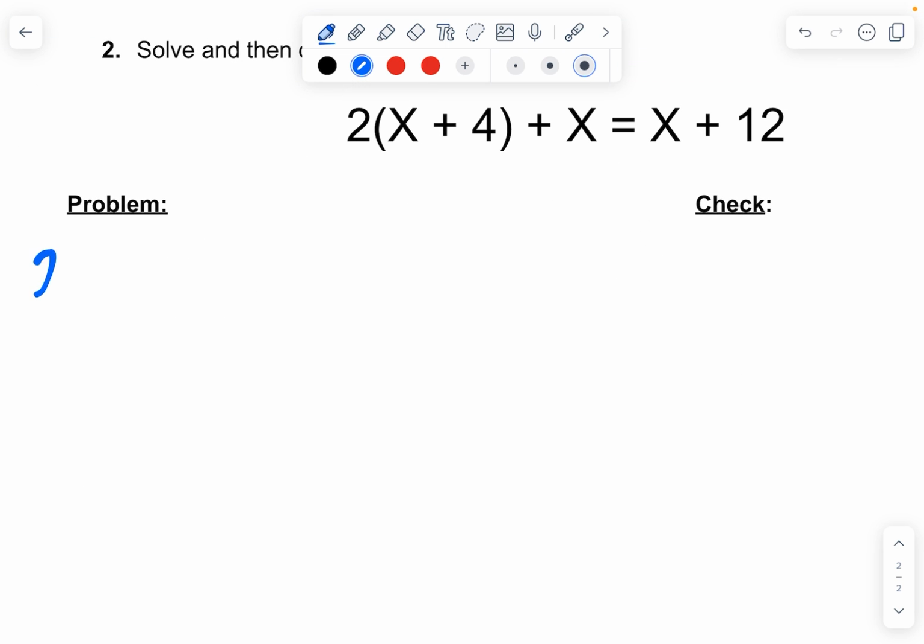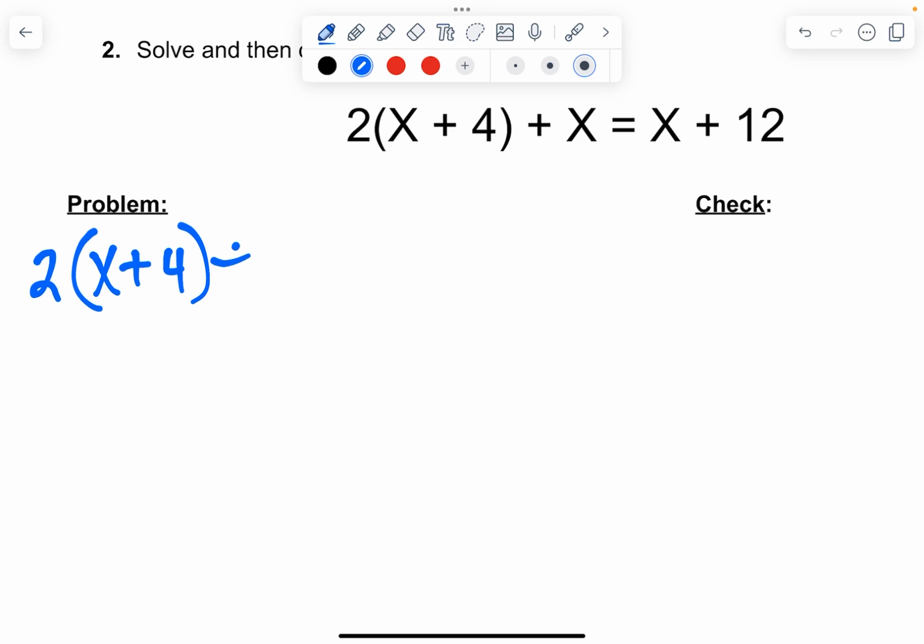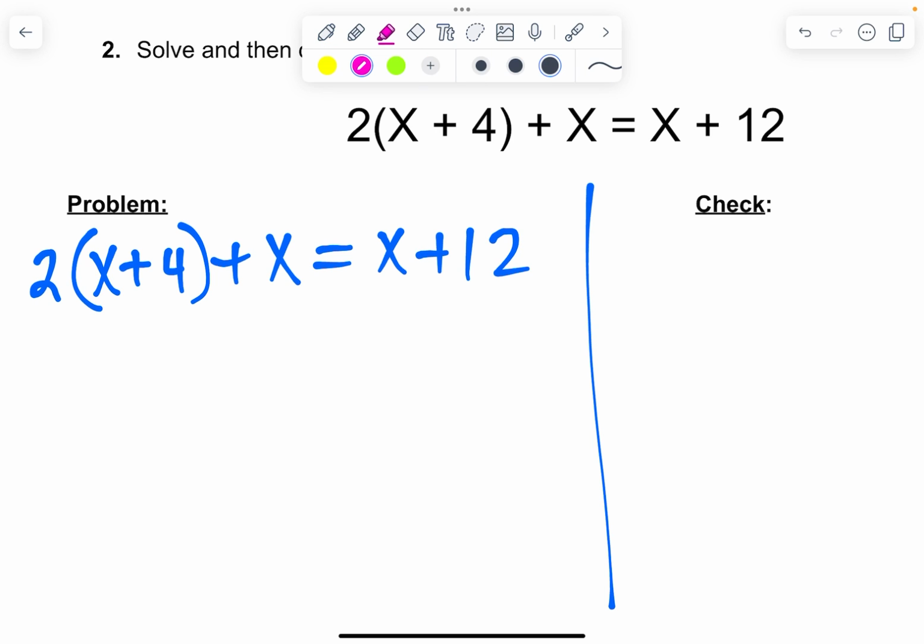Again, I'm going to write down the original problem. The 2 out in front means there are 2 packages of what's inside the parentheses.